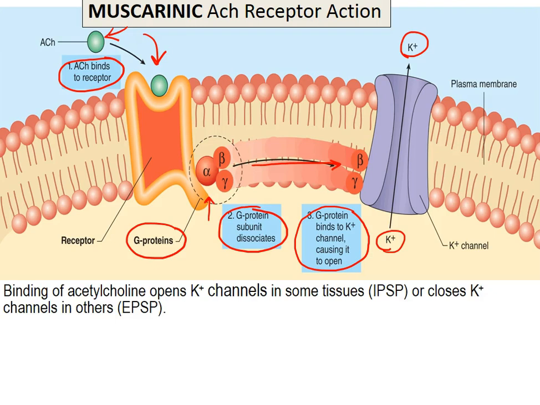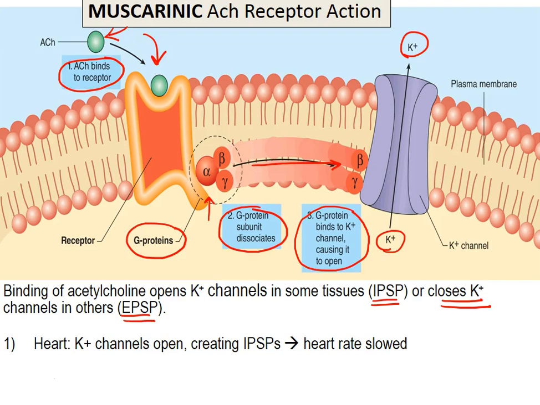And so this is going to initiate an IPSP, but also in other tissues, the binding of G proteins could close the potassium ion channel and initiate an EPSP. In the case of IPSPs, this is the effect of acetylcholine on the heart.